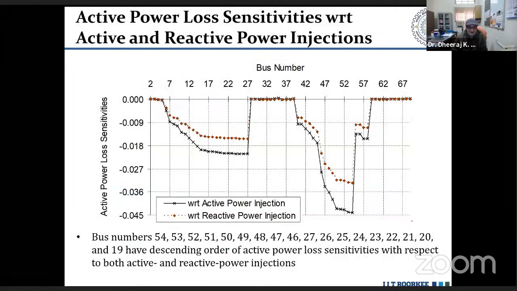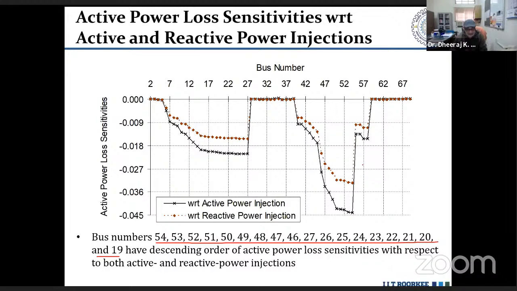First of all, because it is not possible to consider all 69 buses for placement, we performed sensitivity analysis, and we identified that these buses have the best sensitivity values. They are more sensitive to active power injection as well as reactive power injection.